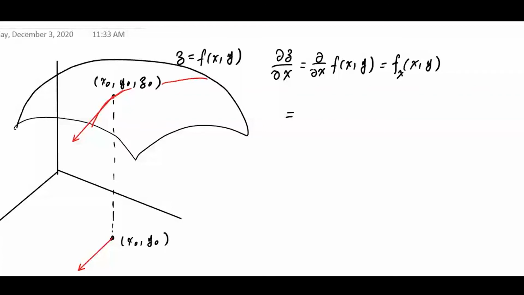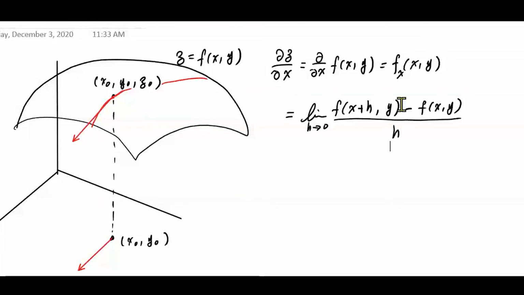All of that means the limit of h approaching 0 of the difference quotient, f of x plus h, comma y, minus f of x, y, over h. You notice that y is not changing, because if I move along this line, my y coordinate stays constant.